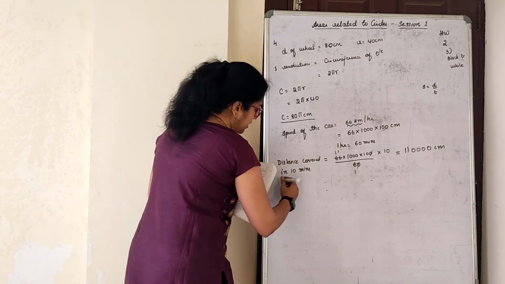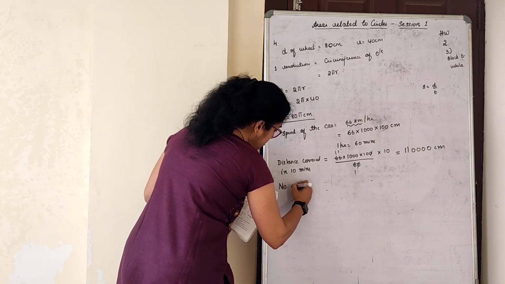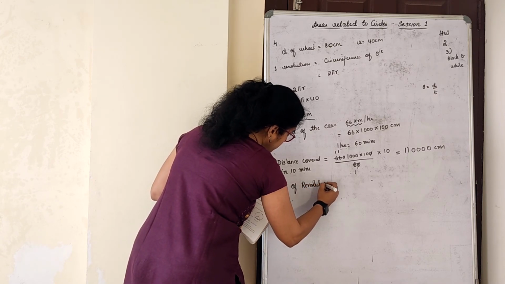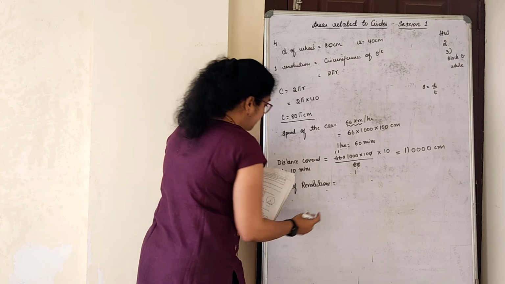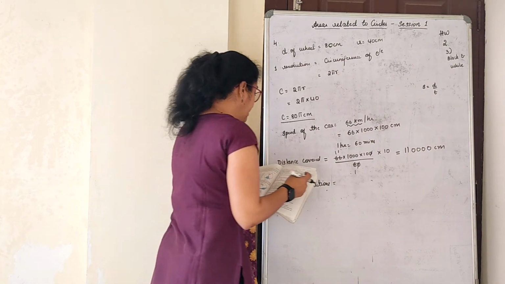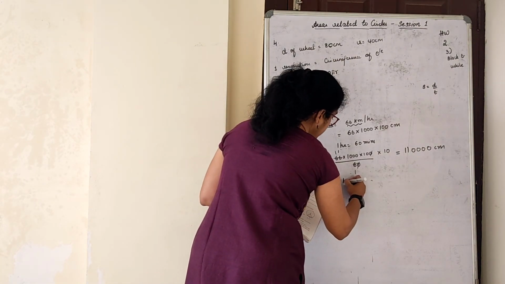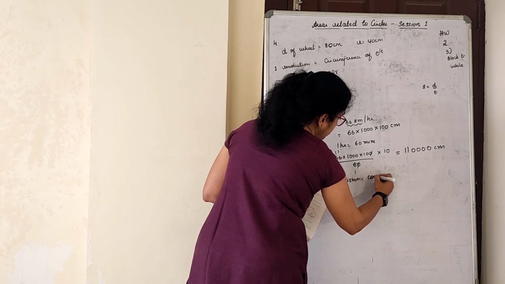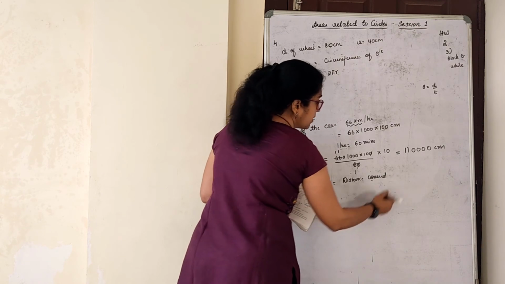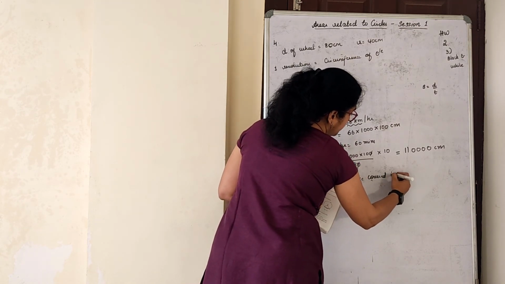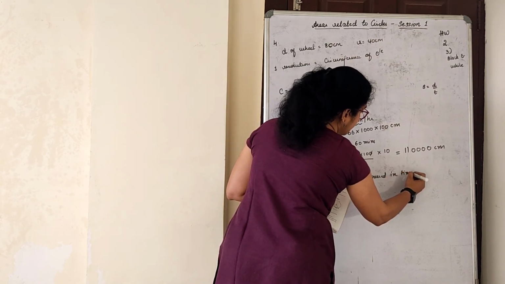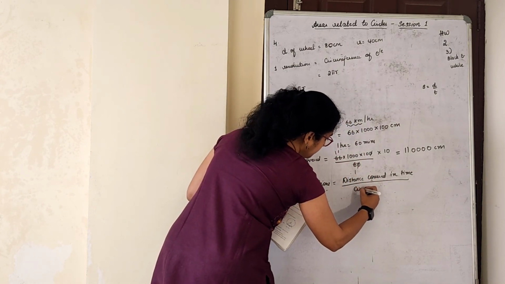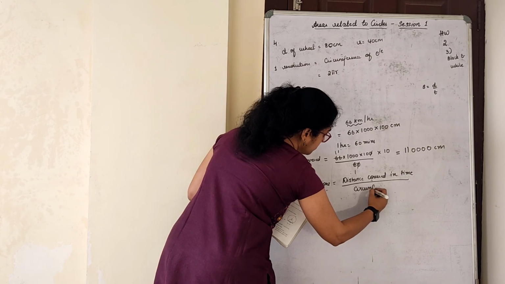Now the last part: number of revolutions. What was the number of revolutions formula? What we had written was distance covered in time, I will write 10 minutes, what they have asked, because we have already found it here, divided by circumference.